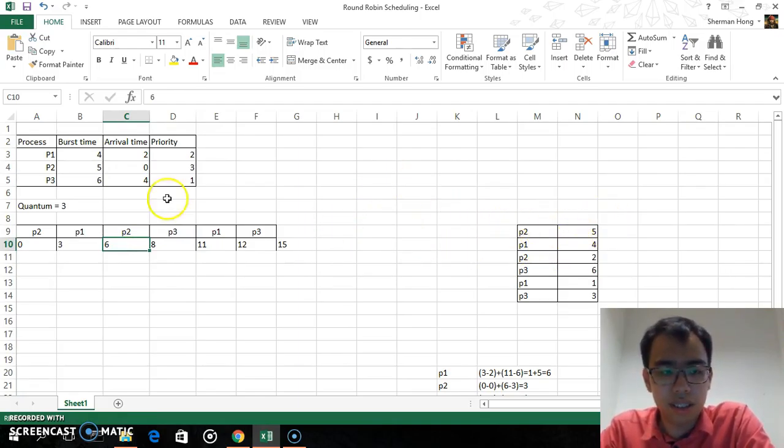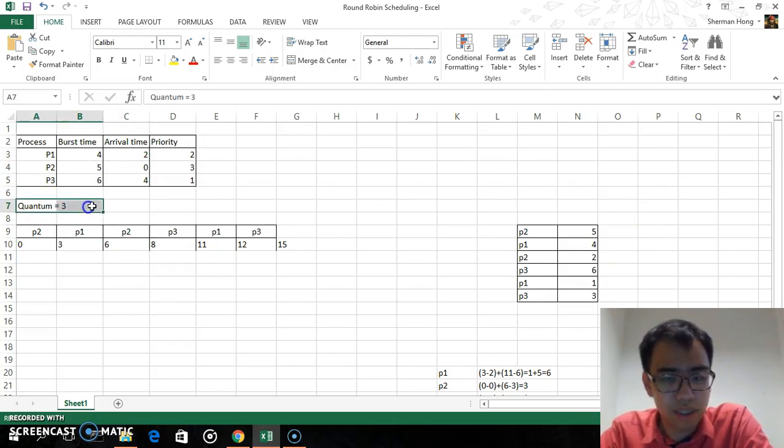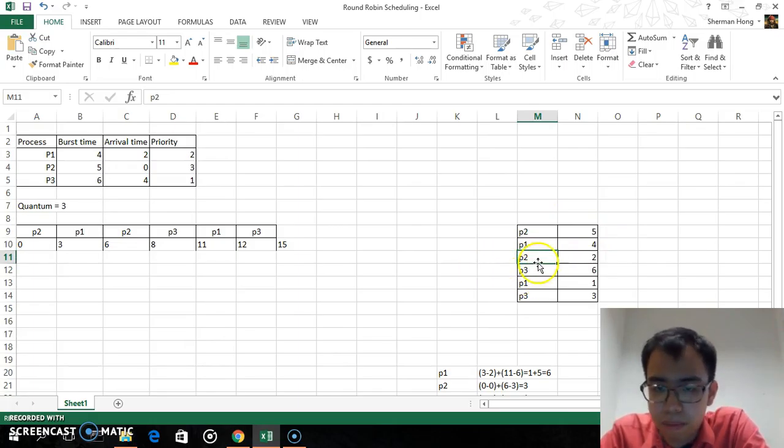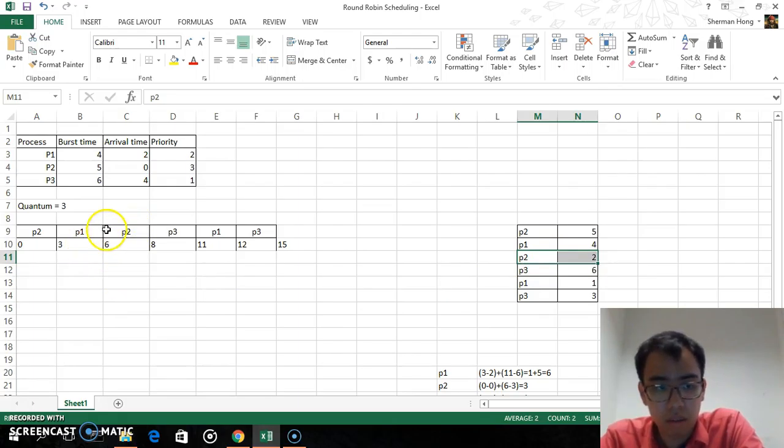First of all, you execute P2. You take 5 minus 3 because quantum is 3, and you bring it down here. So the balance is equal to 2, so P2 equals 2.